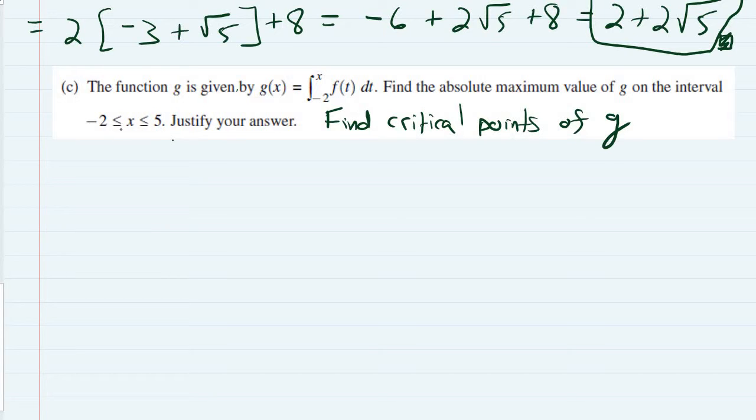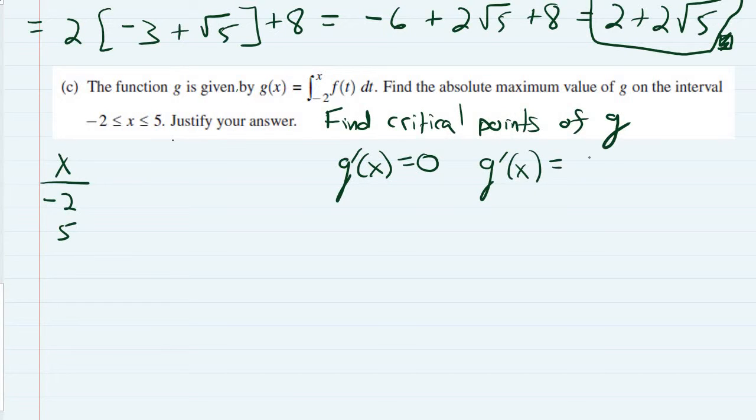It is a closed interval, so that means I have to consider my endpoints too if I'm trying to find the absolute maximum over this closed interval, right? So the candidates that I have are going to be negative 2 and 5 and any critical points that I can find. So how do I find critical points? Well, I find critical points by taking the first derivative and setting it equal to 0. So what is g prime of x?